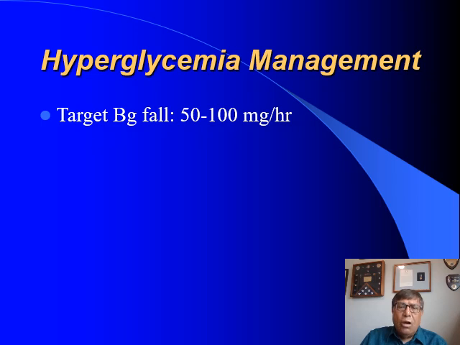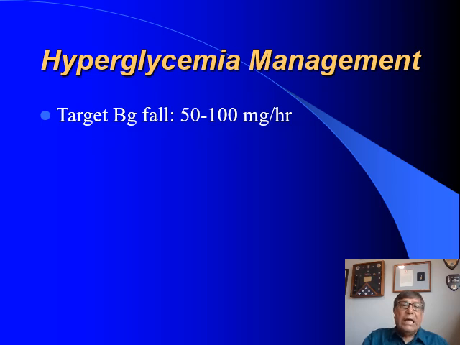They will ask how much blood sugar you want your patient to drop hourly. Ideally it is 50 to 100 milligram per hour. But I have seen that even in the best situation, sometimes it falls more than that, even with all possible precautions that you take.